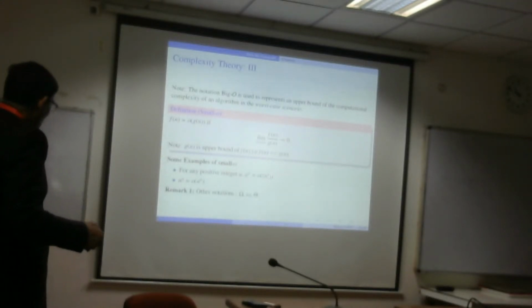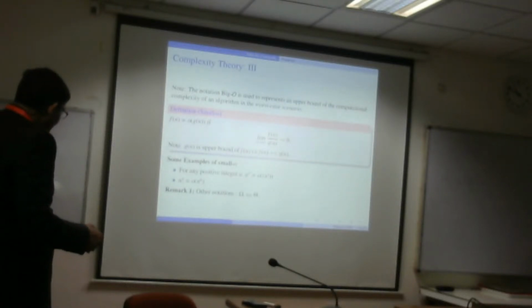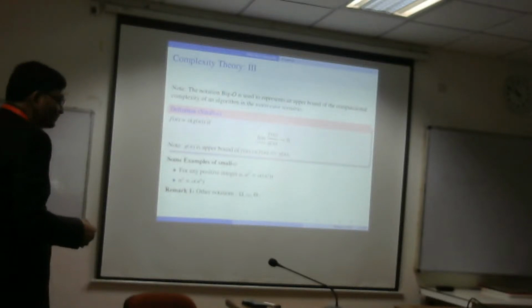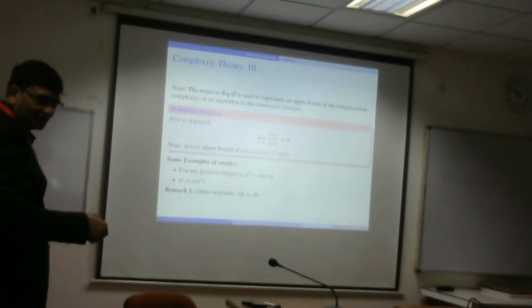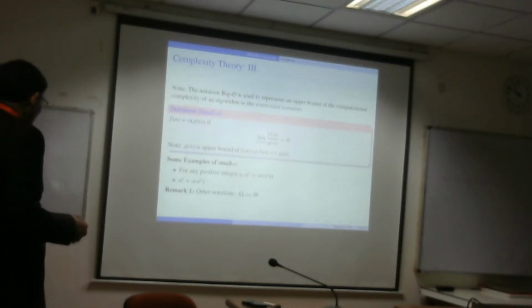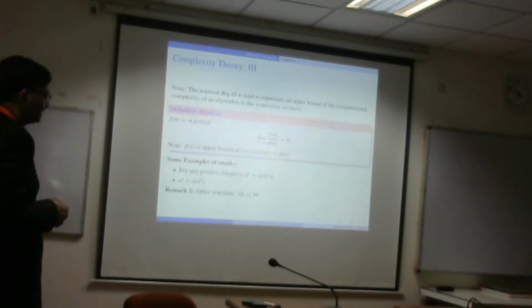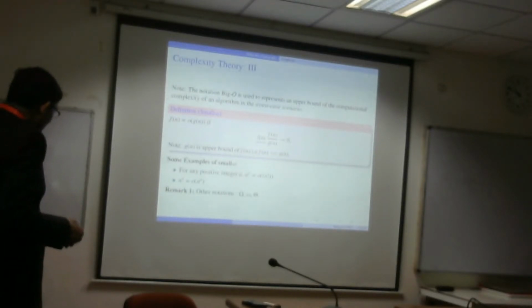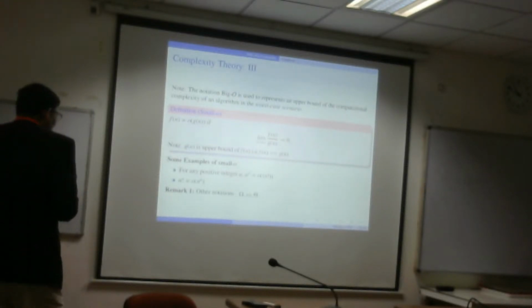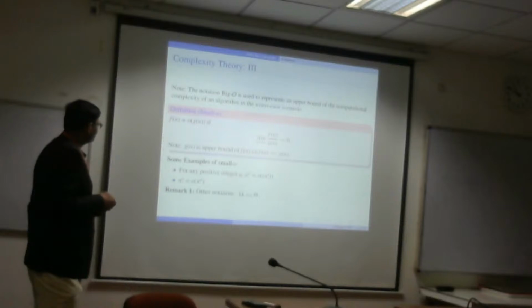For example, factorial n is order of n to the power n, because factorial n is nothing but 1, 2, 3, 4 up to n, but n to the power n is n multiplied n times. So that function grows very fast in comparison to factorial n. We use that kind of notation to measure the complexity of an algorithm.